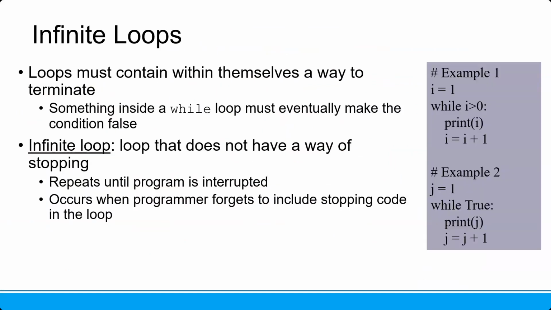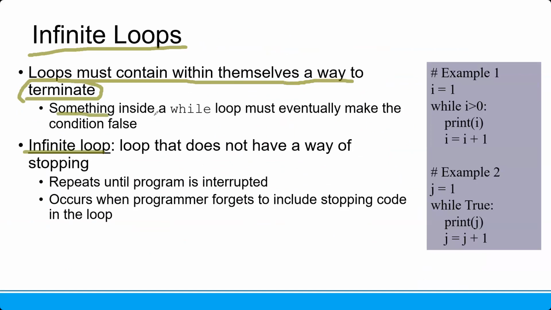Be careful with infinite loops. What are infinite loops? Loops must contain within themselves a way to terminate. Terminate means we need to have something so the loop will be stopped. If there is no stopping criteria, then you will have an infinite loop.